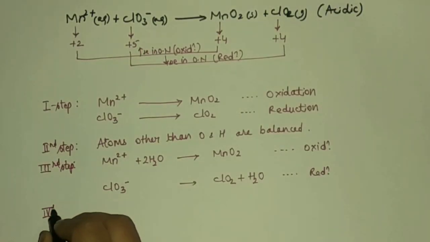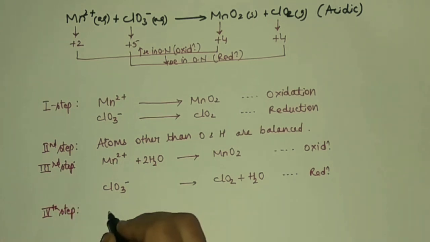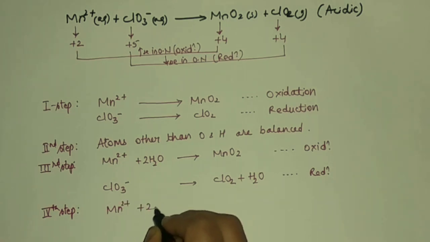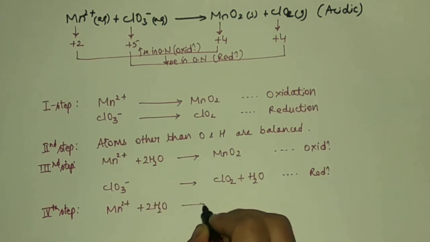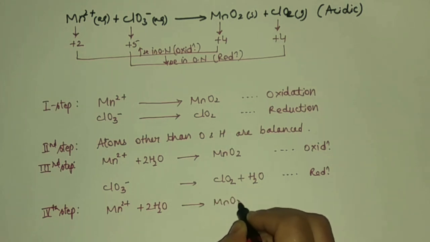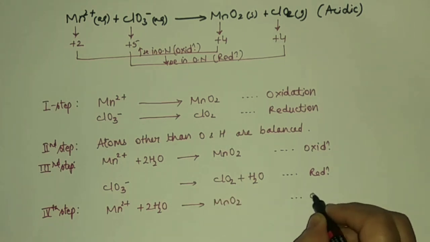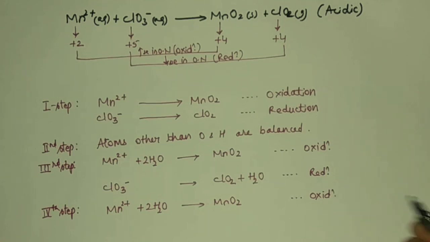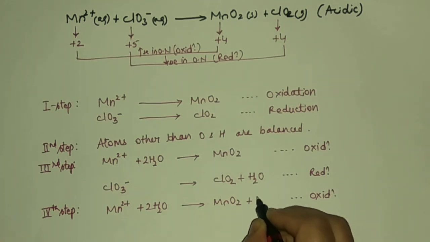The fourth rule states that we balance hydrogen atoms by adding H+ ions to the opposite side. Here, Mn2+ plus 2H2O will give you MnO2, that is oxidation. We have to add 4 H+ ions on the right because there are 2 water molecules on the left hand side.